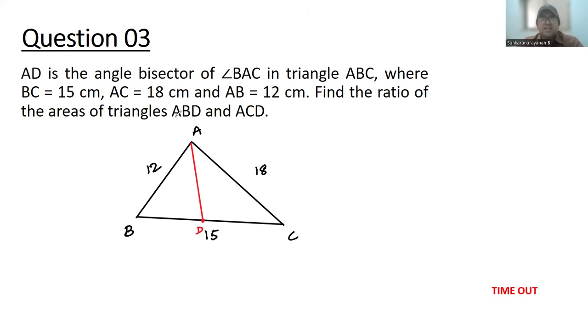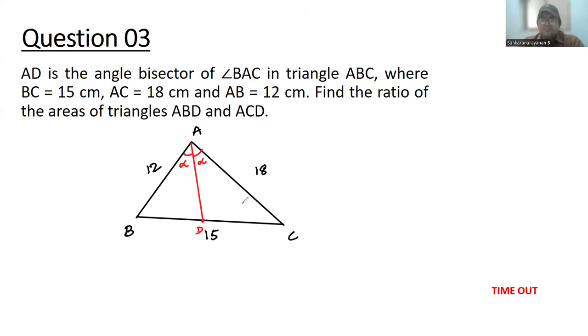So I'm now considering AD as that angle bisector of angle BAC. BAC, I can see that it's getting divided into two equal parts, alpha, alpha, you can see. So that's why I'm calling AD the angle bisector of angle BAC in that given triangle ABC. And the sides I have considered, right?